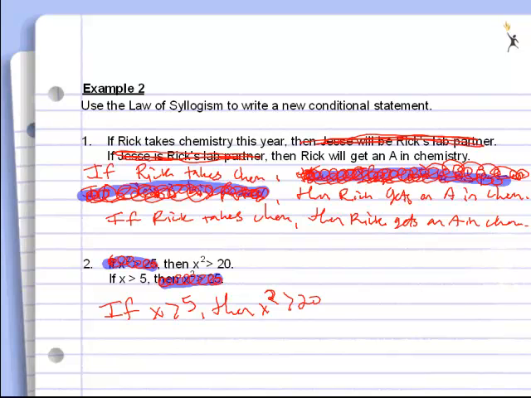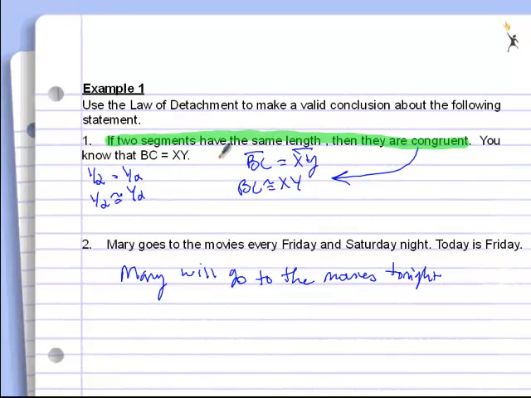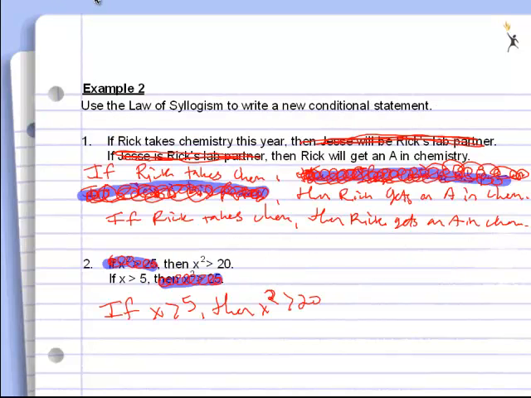Let's review. Let's go to the law of detachment. The law of detachment, you take something that is true and apply it to what you know. Like Mary going to the movies Friday and Saturday nights. Tonight is Friday. So you can conclude Mary's going to the movies tonight. The law of syllogism allows you to take two statements that are both true, cross off what is being used twice, and write a third new true statement.